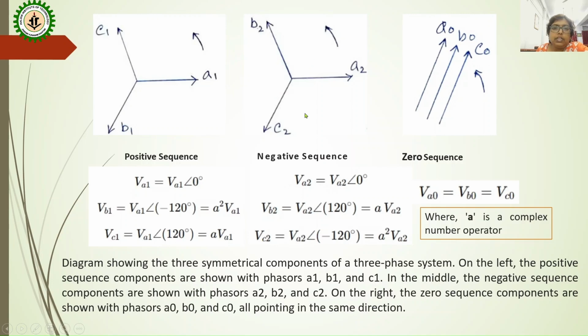For the positive and negative sequences, the magnitudes are also the same, with a phase difference of 120 degrees. Individually, all these are balanced.